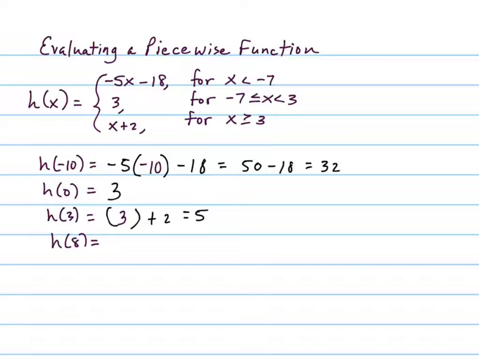For h of 8, again, 8 would fall into this piece here because our x value is greater than 3. 8 is greater than 3. And so again, it'll be like the one we just did, where it's going to be our input plus 2. Our input is 8. And so we're going to end up with 10 there. All right, let's move on to the next problem.